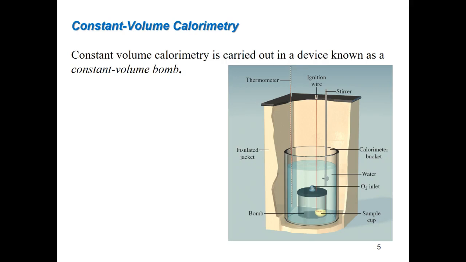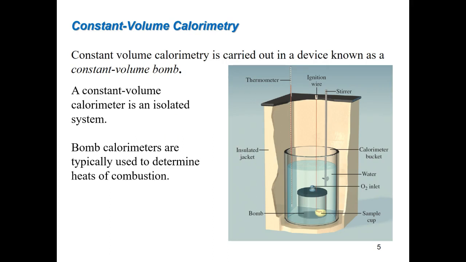And that change of temperature of the water is going to be related to the amount of heat that's given off by the reaction that heats up the calorimeter, that heats up the water. And so this, as opposed to the coffee cup calorimeter, which was an open system, is an isolated system.